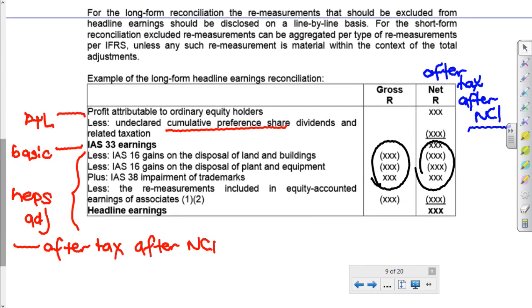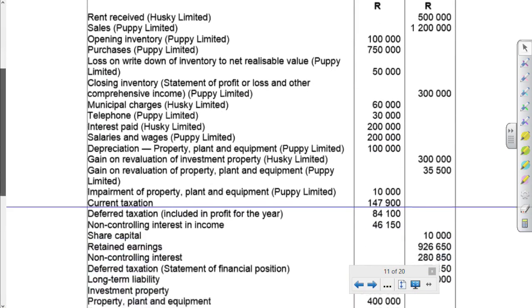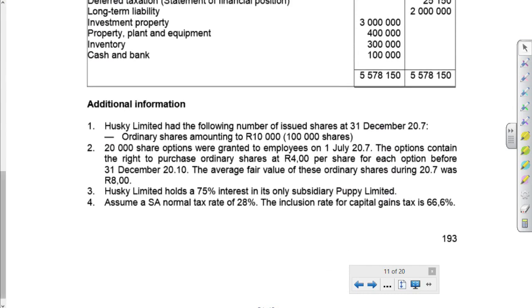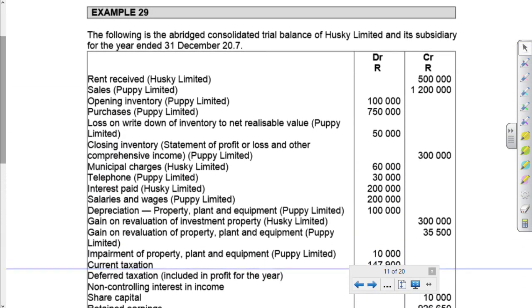Anyway, we shall see. So if you look at then the next page, there's an example, 29. It is page 195 for you, more or less, I think. So it has an abridged trial balance, a group trial balance of Husky and its subsidiary. And it's a very funny trial balance because it's got some pieces that say Husky, some pieces that say Ppe.